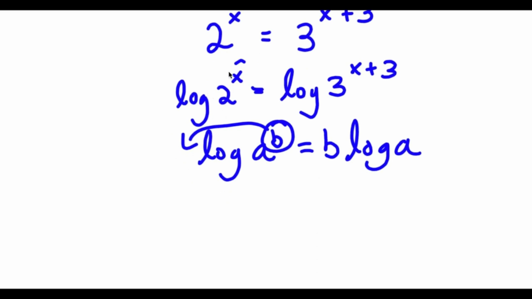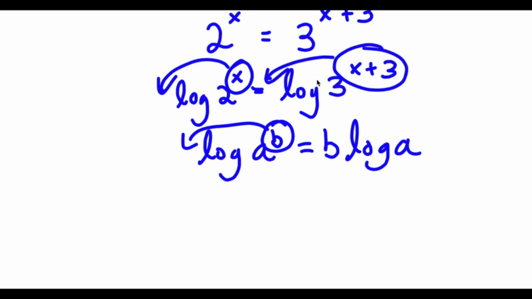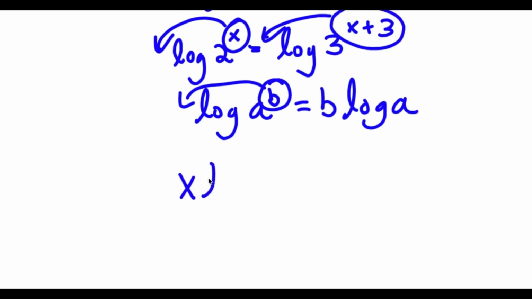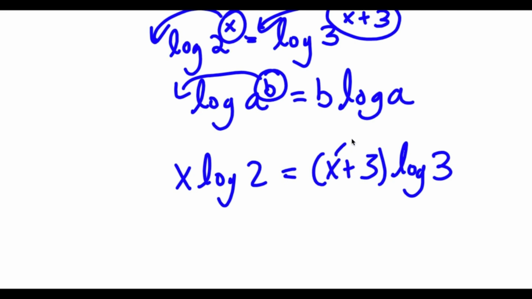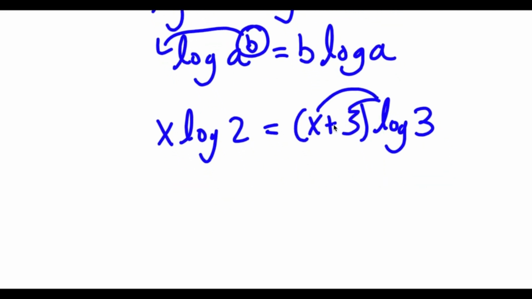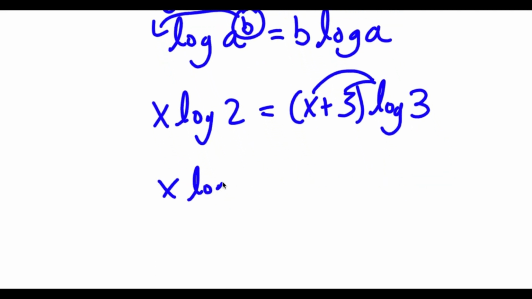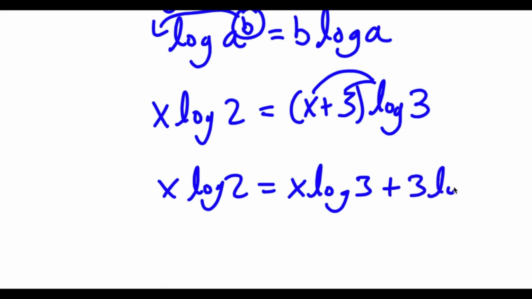So in this case, I can move x to the front for log 2 to the power of x and x plus 3 to the front for log 3. So now I have x times log 2 is equal to x plus 3 times log 3. Now if I distribute log 3, I get x times log 2 is equal to x log 3 plus 3 log 3.